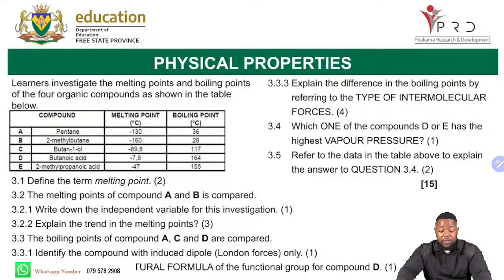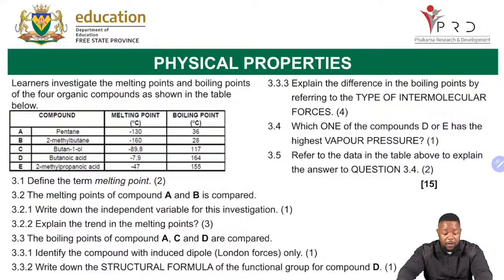Now let's go to the structured questions which relate to the topic that we are in, the physical properties of organic compounds. Let us investigate the melting points and boiling points of the 4 organic compounds as shown in the table below. 3.1 says, define the term melting point.